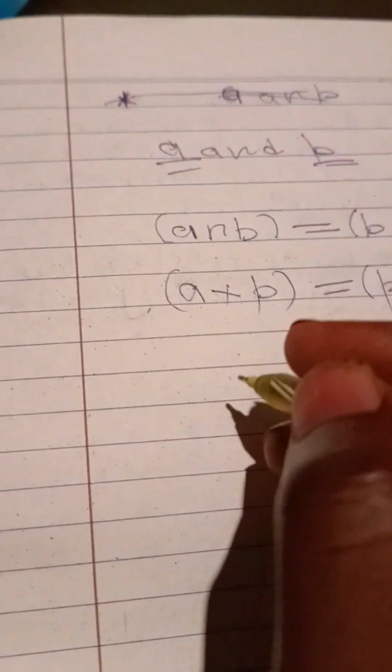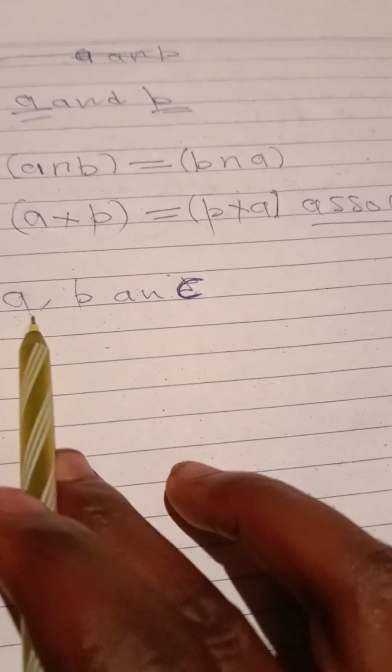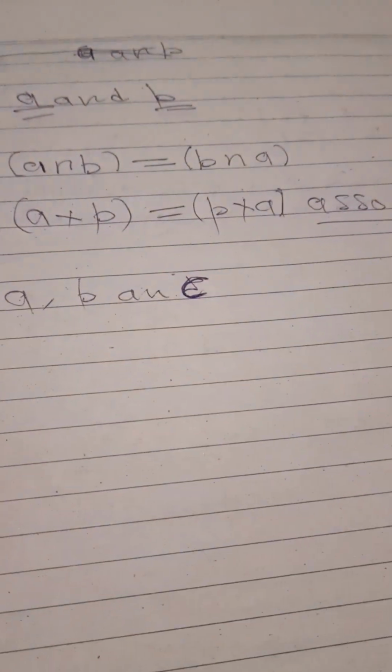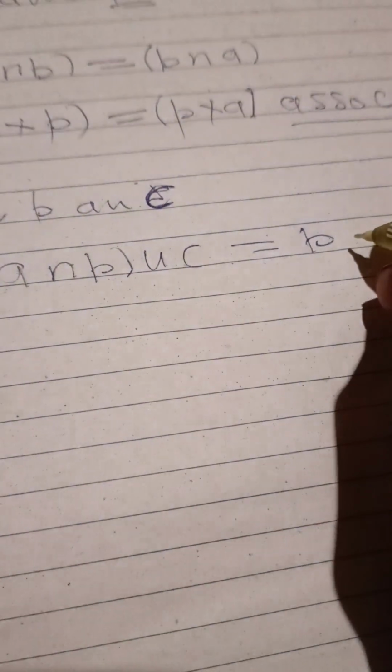If we have three given sets A, B, and C, and we operate, for example, starting with A intersection B union C, this should be the same as B intersection C union A.